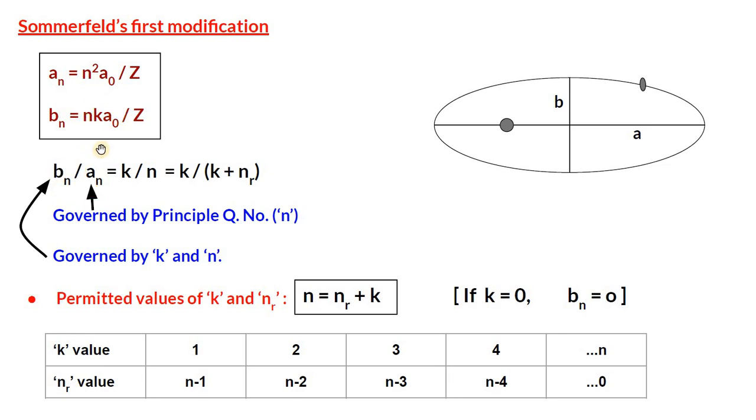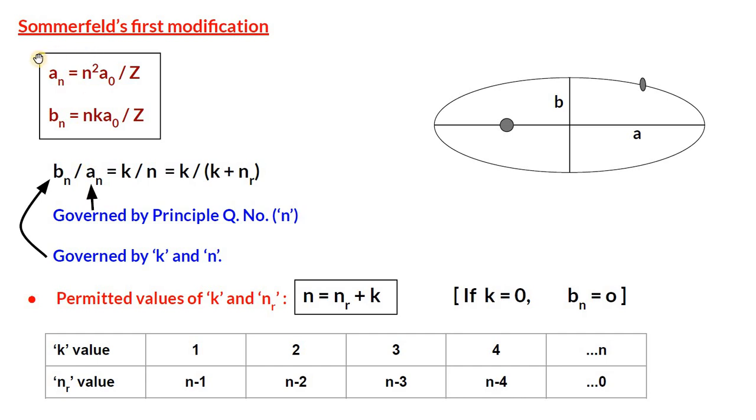So why am I putting n here? An means first, second, like that. It can be for the first elliptical orbit or the second elliptical orbit. For the first, n equals 1, for the second, n equals 2, like that. That's why I am taking n values, so I can put the n value here also.